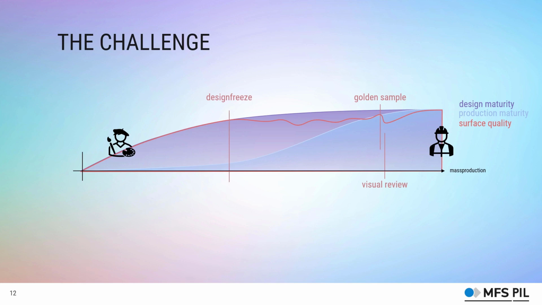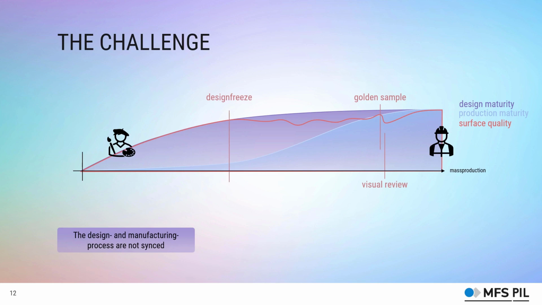Just for your information, when talking about injection molded parts in the automotive exterior, we're talking mostly about front and rear bumpers, because they are high gloss there, and the surface quality matters the most. So, summing up, we think that the design and manufacturing processes are not perfectly synced.